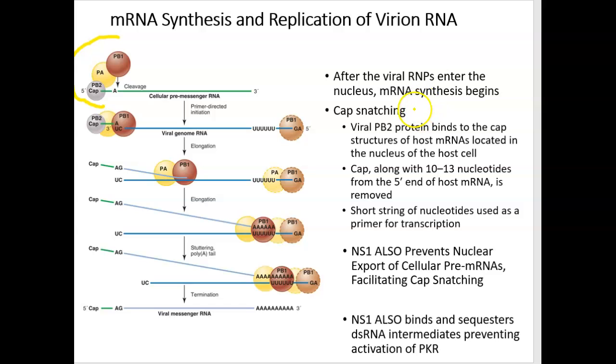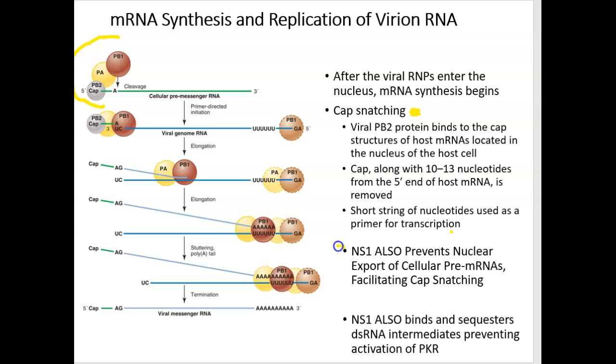So they're going to enable the cap snatching, right? They cut up the cellular RNAs, steal the 5' methyl G cap along with the first few nucleotides of the host messenger RNA. This allows it to be used as a primer for transcription.